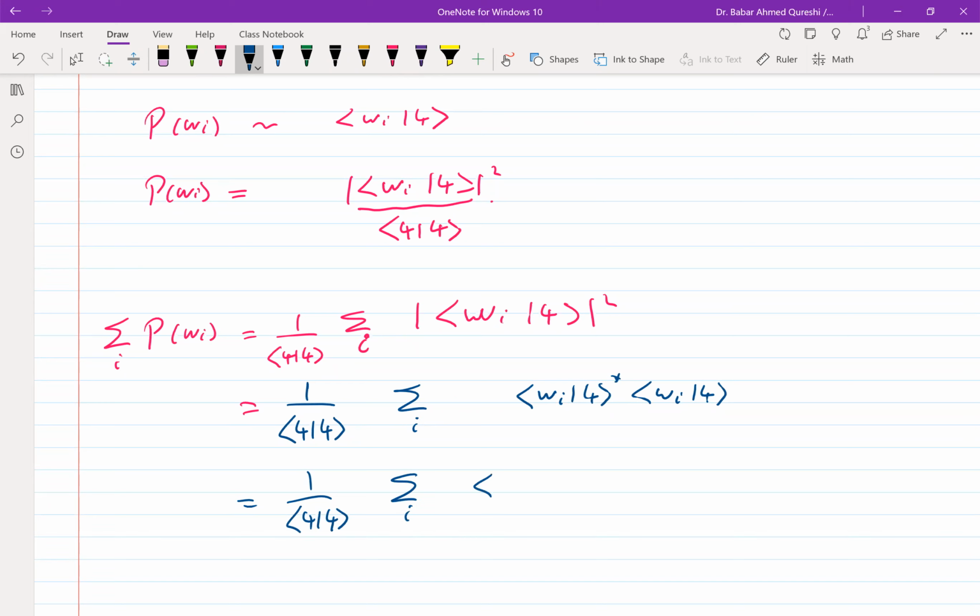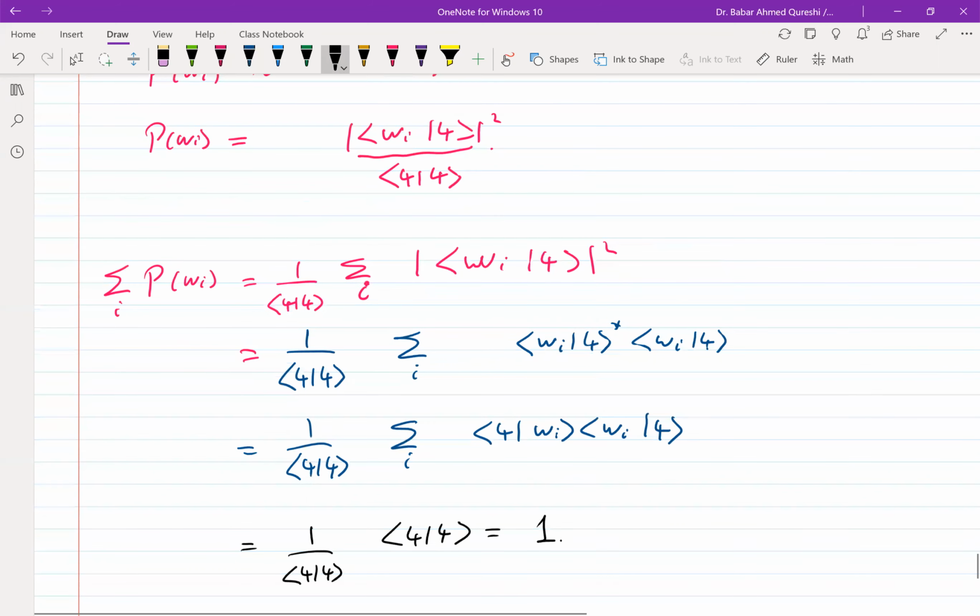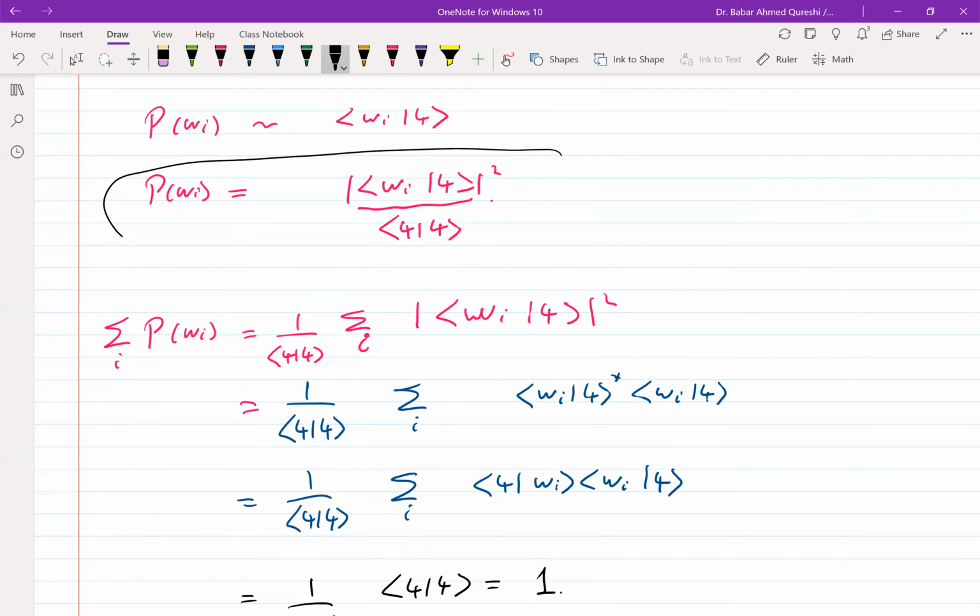But I can flip it. And this is just identity because I'm summing over all possible values. So this becomes 1.